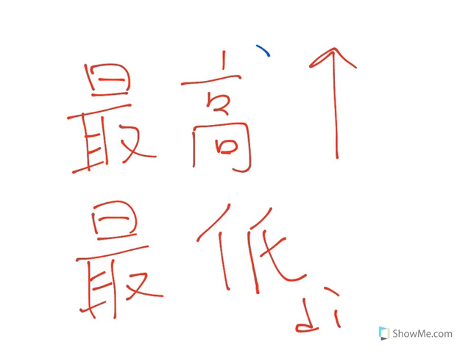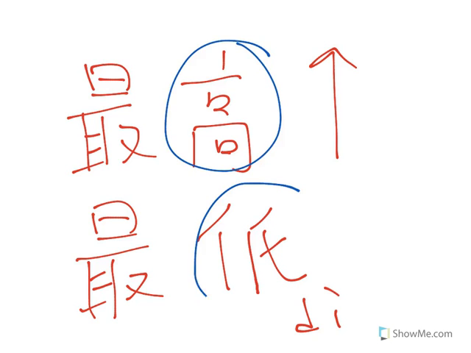Okay, so gao means high, and di means low. So you're saying it's the most high or the most low. So you have 最高温度. Okay, and then 最低温度. I'm sorry, this is actually a first tone, 最低温度. Alright, so that is the end of the vocabulary for page 37 in your book, which is 今天的天气.